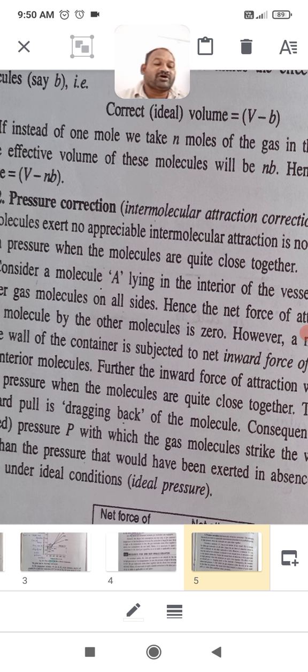However, a molecule B lying near the wall of the container is subject to a net inward force of attraction or pull by the interior molecules. Further, the inward force of attraction will be appreciable at high pressure, when the molecules are quite close together. The effect of such an inward pull is dragging back of the molecules.